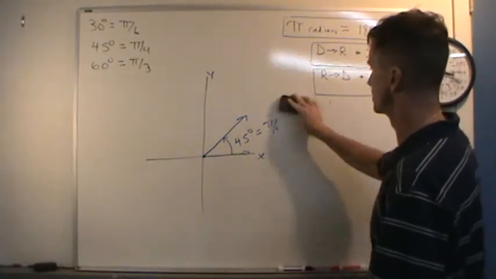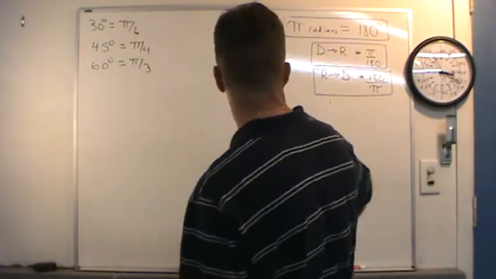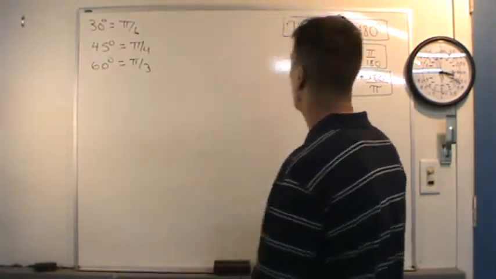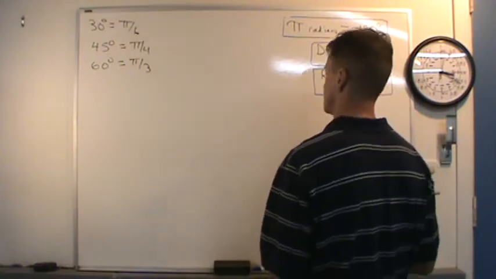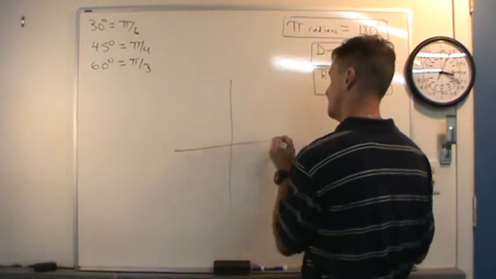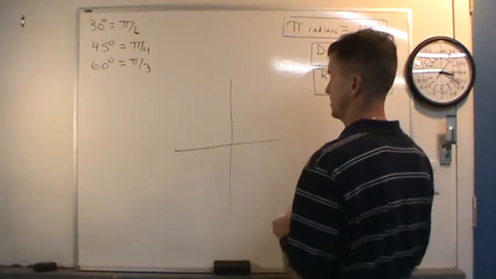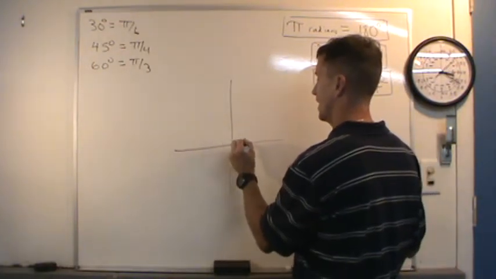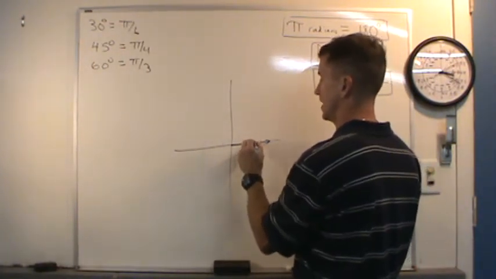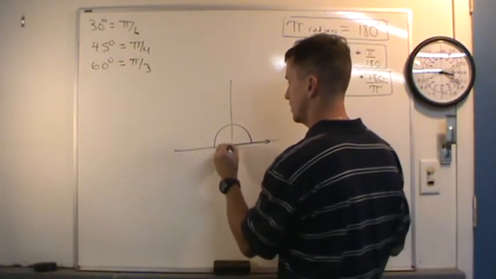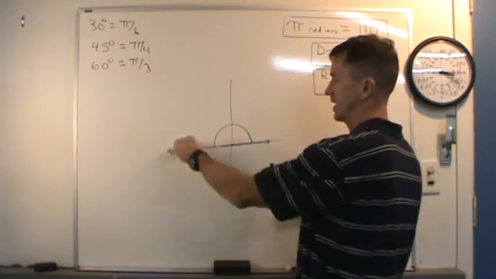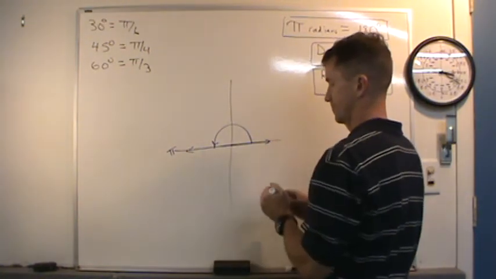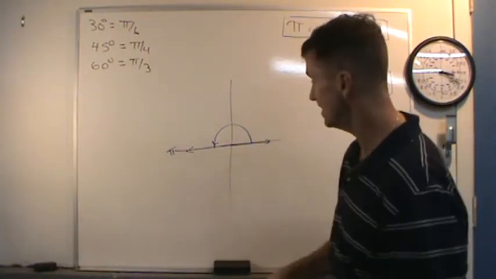A couple more sketches in standard position. How about, well, let's do pi radians in standard position. What would that look like? Alright. Well, initial side here, and if it rotates 180 degrees, you bet it's a straight angle. So that would be pi radians. And what would 2 pi radians be?